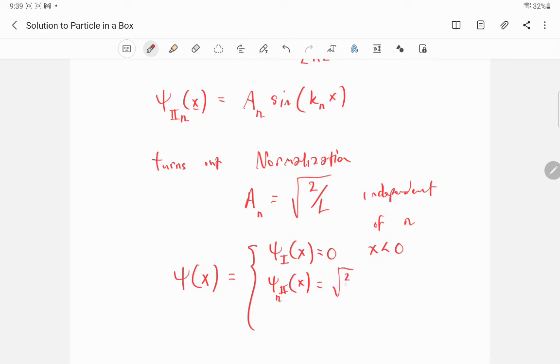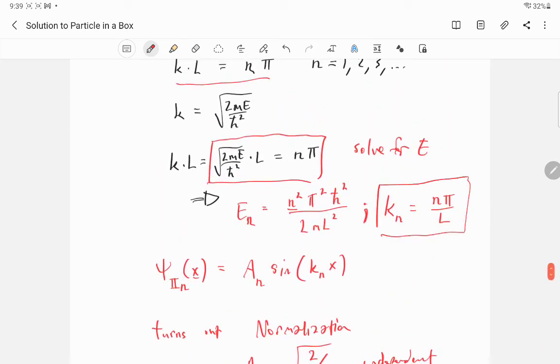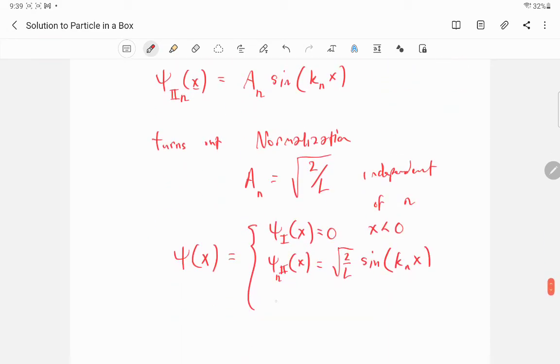It's equal to the square root of 2 over L times the sine of k sub n x, where the k sub n are given by n pi over L. And then the wave function in region 3, the third piece, is again 0 for x bigger than L. So this is valid in between 0 and L. The wave functions are indexed overall by index n.